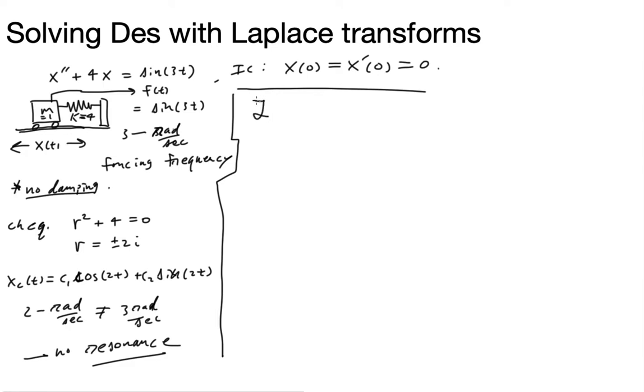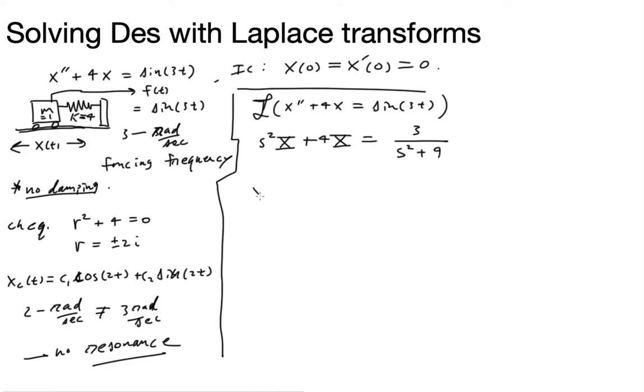Now we're going to take the Laplace transform of x'' + 4x = sin(3t). We can take the Laplace transform of all of that and it becomes s squared times X, the Laplace transform, plus 4 times capital X again, equals 3 all over s squared plus 3 squared, which is 9.